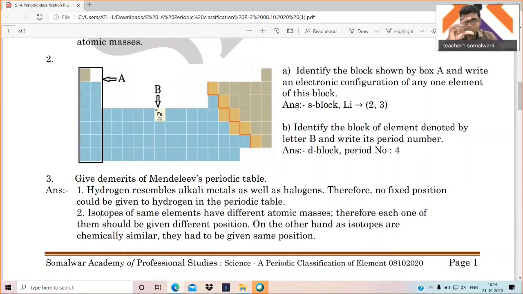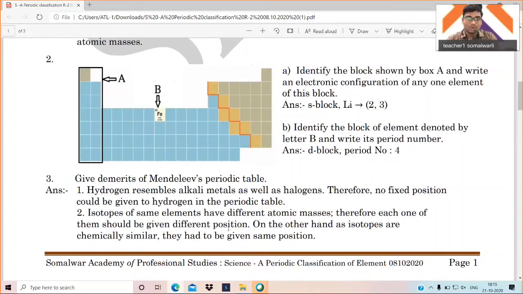So one carbon should be placed at one position, and the next carbon at a different position. But what we observe is that carbon is at a single place. So this is an ambiguity. As they have different masses, they could be placed at different positions according to his theory, but they are at the same position. So that was the mistake. Isotopes of an element have different atomic masses, therefore they should be given different positions, but they are at the same position.